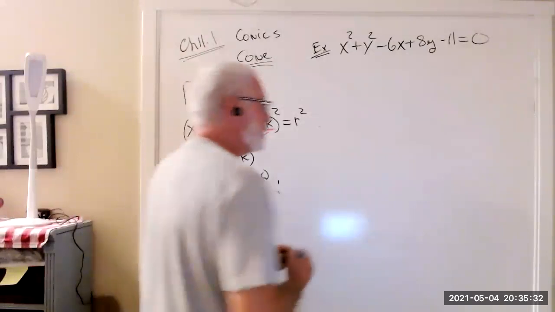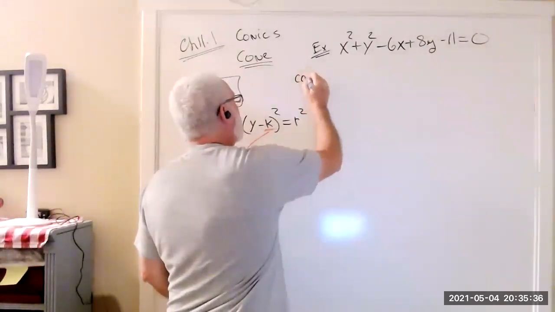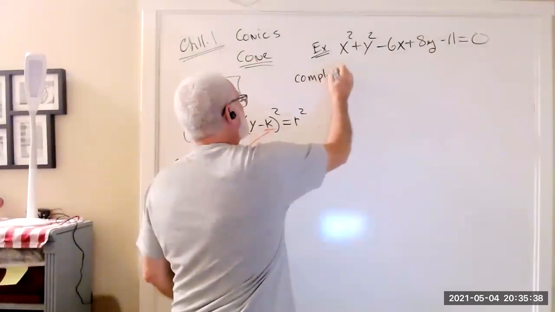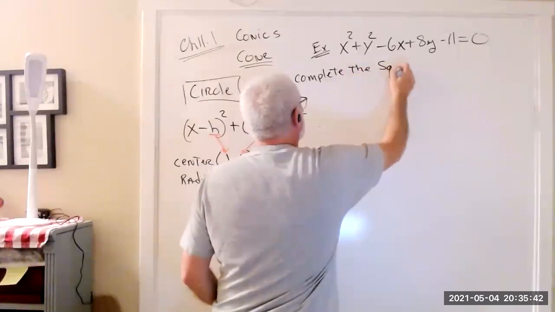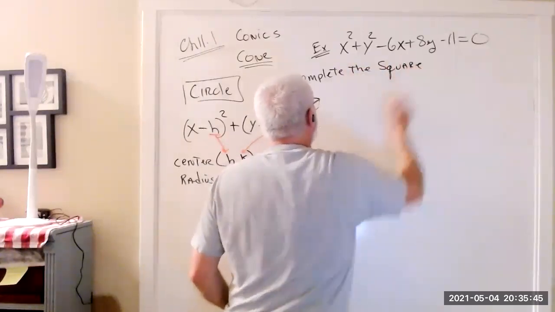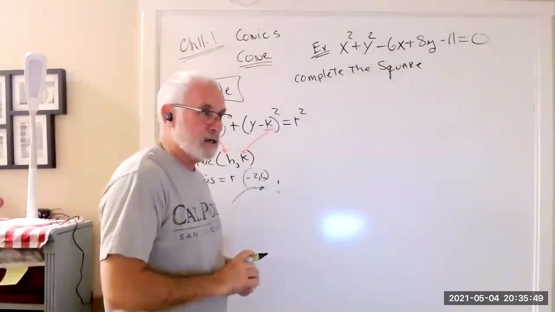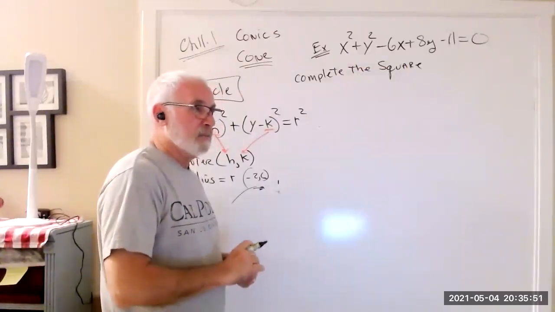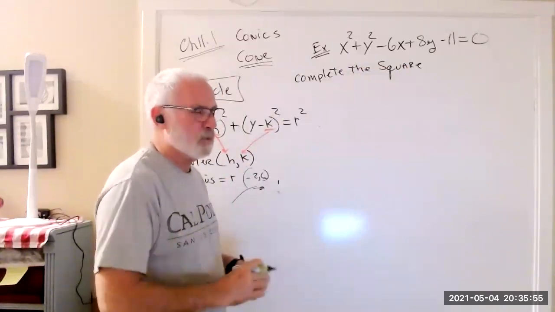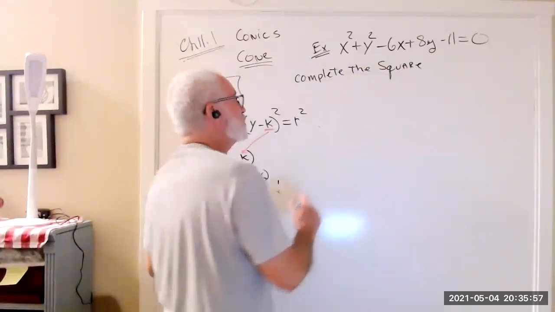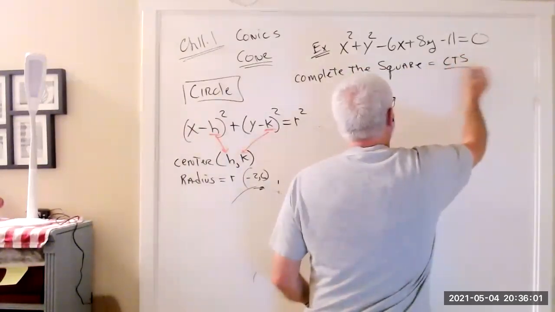We're going to use a process called complete the square, which was taught briefly in chapter 9. I think I gave you one or two problems, maybe 4 problems, whatever. Complete the square. CTS is what I call it.